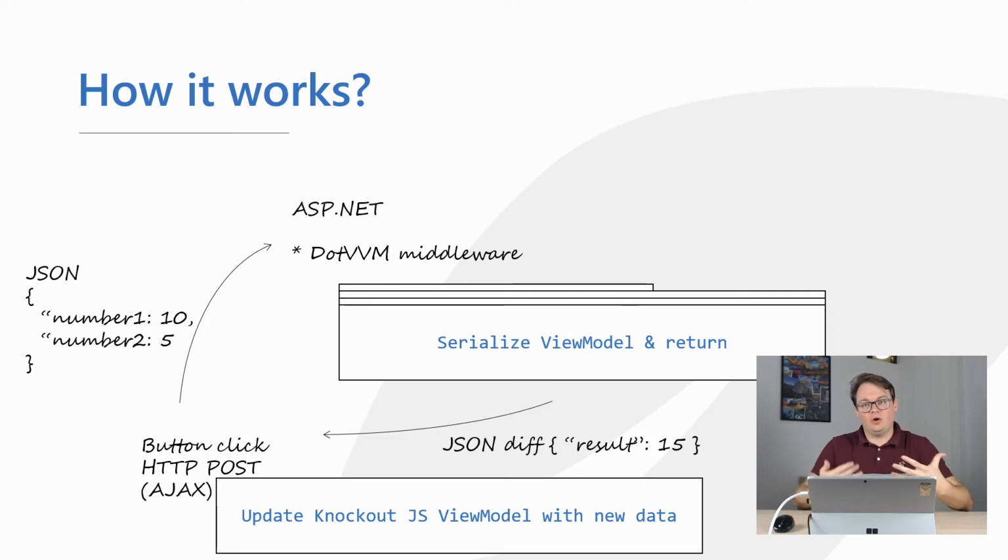So only those things that have actually changed will be changed. There are no full reloads of the page or anything like that. It's done. And you didn't need to write a single line of JavaScript to be able to do this, because .vvm itself is written in JavaScript, so we had to write a lot of JavaScript, but you don't need to write any JavaScript, just HTML and C#.